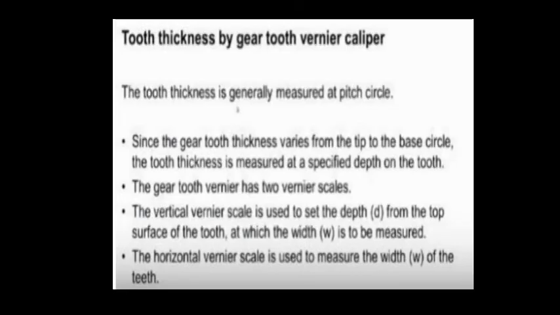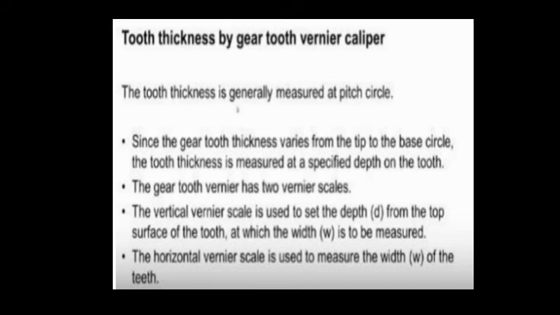Now the tooth thickness is generally measured at the pitch circle, since the gear tooth thickness varies from tip to the base circle. The tooth thickness is measured at a specified depth on the tooth, normally at the pitch circle. The gear tooth vernier caliper has two vernier scales as already discussed.